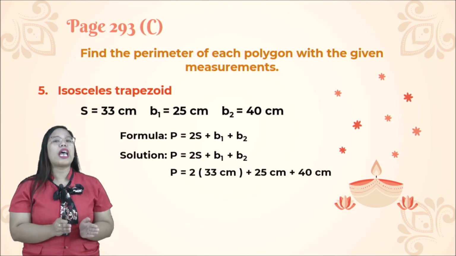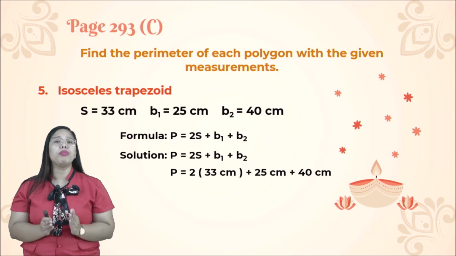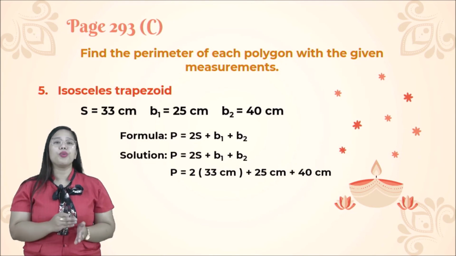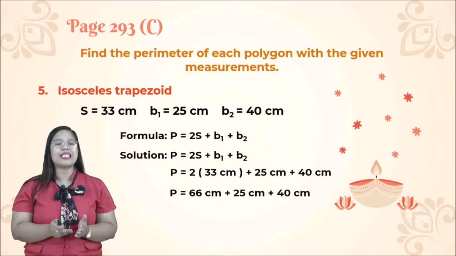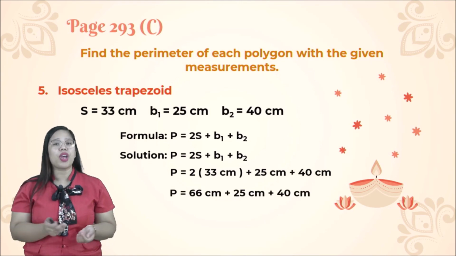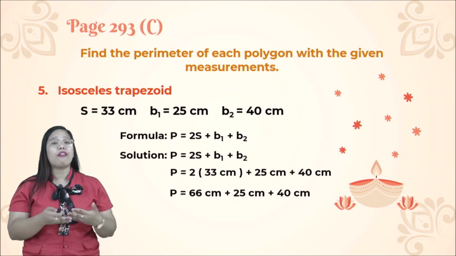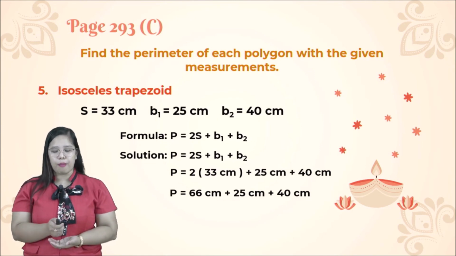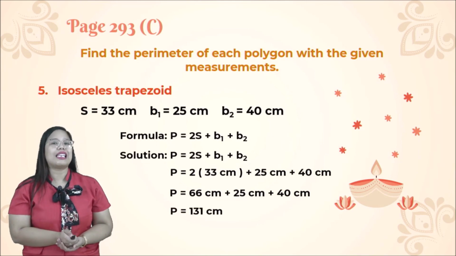So 2 times 33 centimeters plus 25 centimeters plus 40 centimeters. We will multiply first 2 times 33, which is 66 centimeters. And then we will write 25 centimeters plus 40 centimeters. After that, we will just add all of them. And the answer will become 131 centimeters.